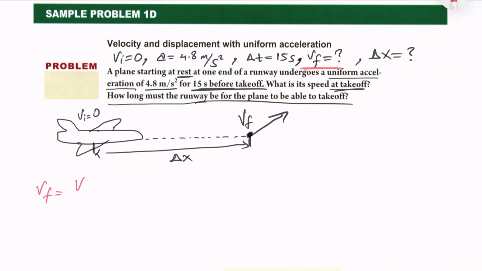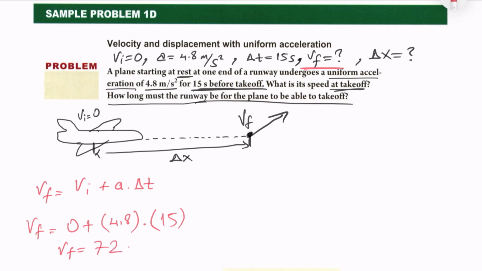V final equals v initial plus acceleration multiplied by time. We can substitute directly the given initial velocity, which is 0, plus acceleration 4.8 multiplied by the time. What is the time given? 15 seconds. So final velocity is gonna be 72 meter per second. The unit of the velocity is meter per second.